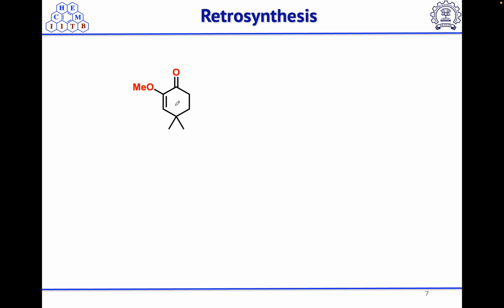So let's see, if we are thinking of a Diels-Alder reaction, then what will be the diene and dienophile? So this and this. I guess the diene will be this type of diene.